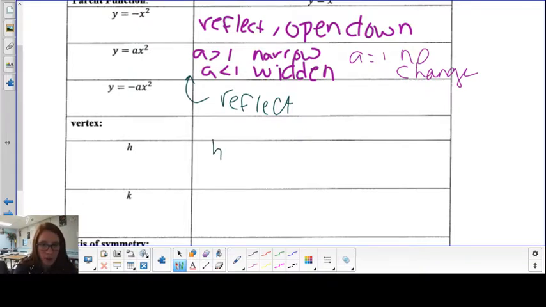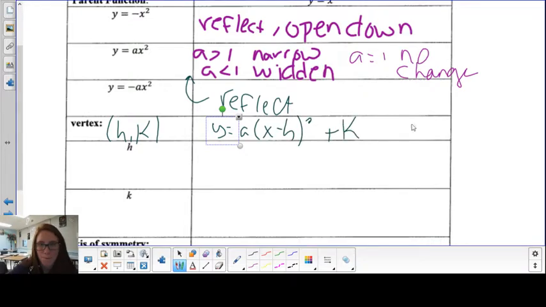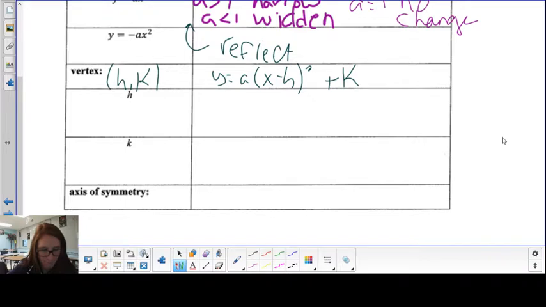If my h is bigger than 0, oops, I missed a step, sorry. We talked about on the slide before, my vertex was (h, k) in the equation y is equal to a times (x minus h) squared plus k. If the h value is greater than 0, it goes to the right.